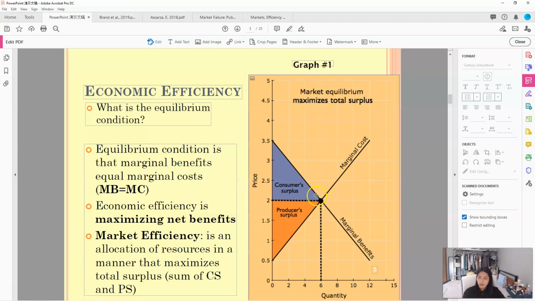At the intersection of MB and MC, I reach the market equilibrium, and I also maximize the sum of consumer surplus and producer surplus. So in this figure, the market equilibrium is equal to market efficiency.